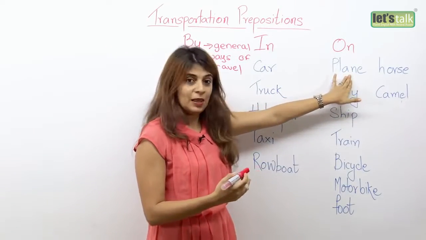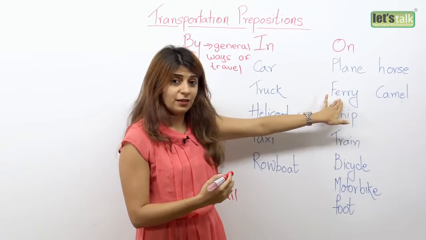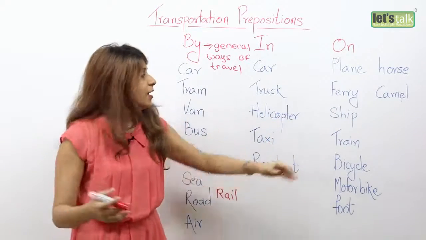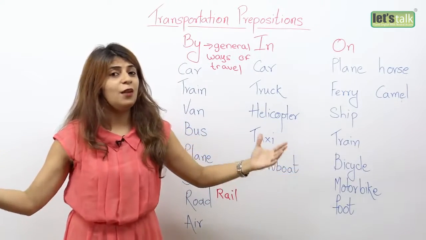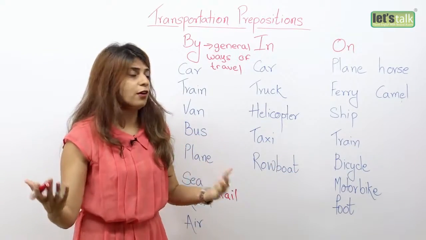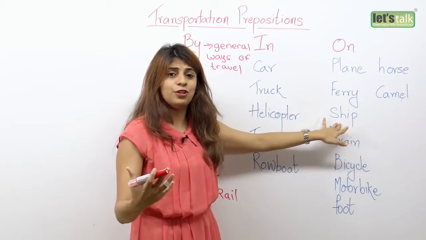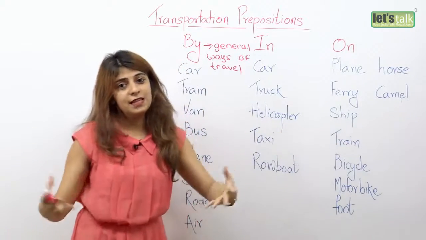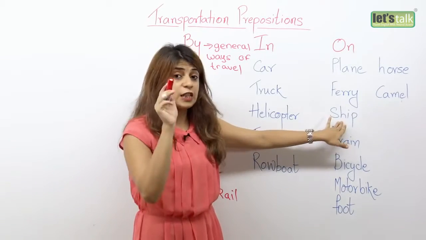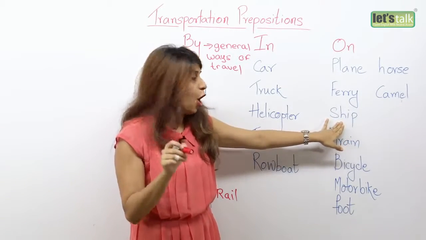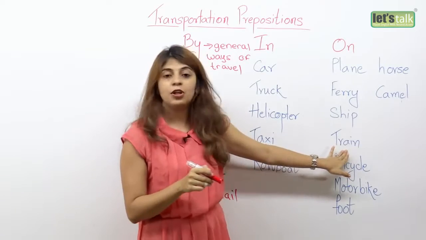So it's going to be on plane, on ferry, right? On ship. Ship is huge. And when it's in the water, yes, and it's in motion, you can stand, you can sit, you can sleep, you can walk around, right? So that's ship. It's going to use the preposition on. On train, oh, I'm on train.